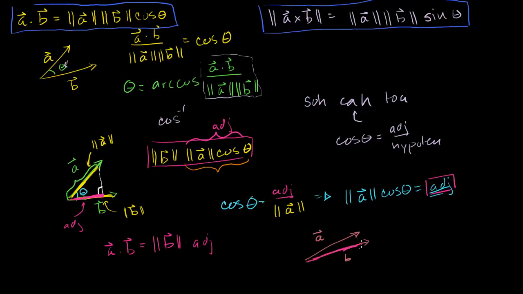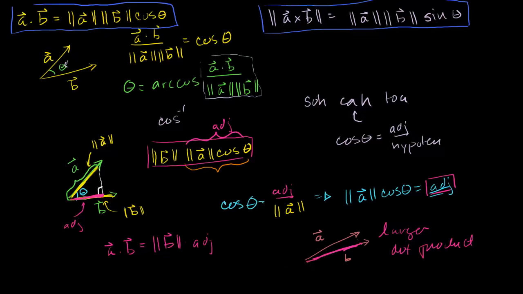The part of A that is going in the same direction of B will be a lot larger. So this will have a larger dot product. Because the dot product is essentially saying how much of those vectors are going in the same direction. But it's just a number. So it'll just be this adjacent side times the length of B.